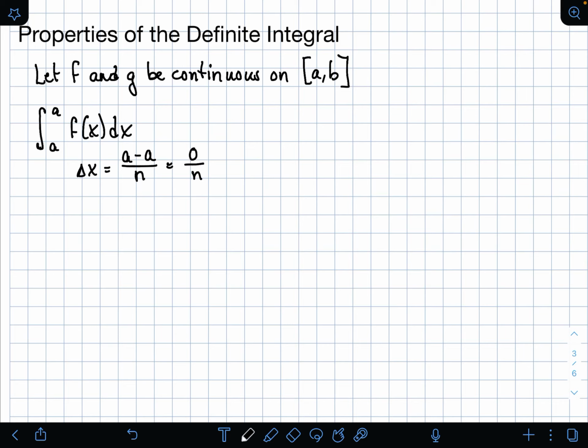And anything minus itself is 0. So regardless of the value of n, regardless of how many rectangles we would be using, whether very few, very many, or approaching infinity, the width of the region is 0, and therefore the area is 0. A region with no width is one-dimensional, not two-dimensional. You cannot have a two-dimensional measurement of area on a one-dimensional figure, so the area is 0. That's an interesting one.